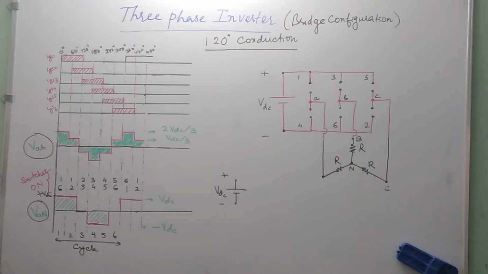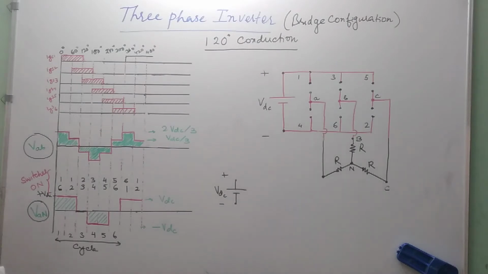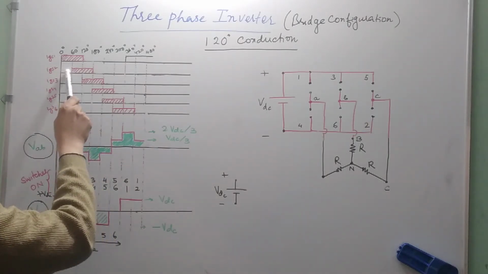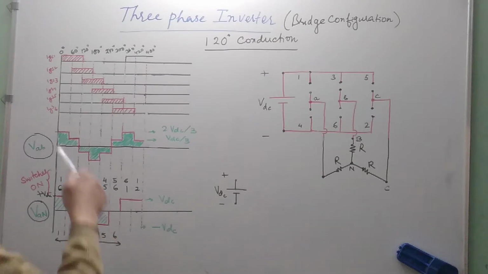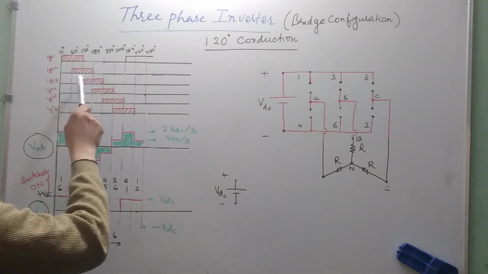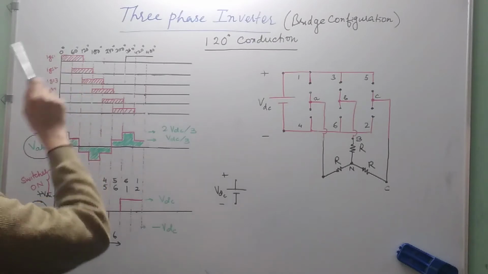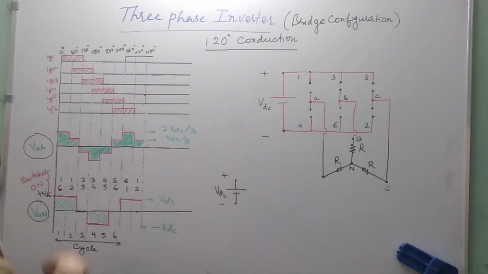I told you that in 120 degree conduction mode, each of the switches will be conducting for 120 degrees, and the subsequent switch will come into conduction 60 degrees after the previous switch. That means the switch S2 will come into conduction at 60 degrees if we fire on S1 at 0 degrees.